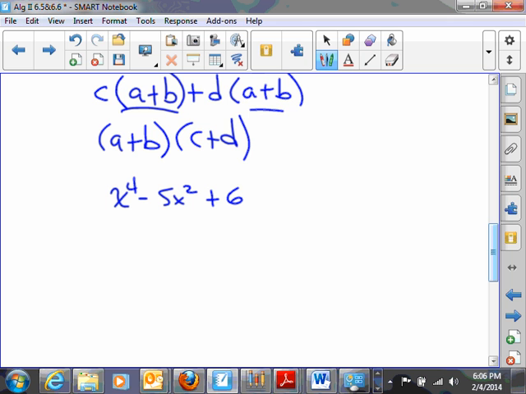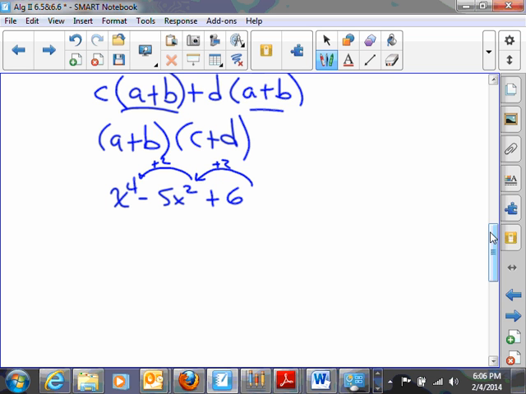But if you'll notice, the exponents on the variable are in arithmetic progression. X to the 0, x to the 2, that's plus 2, and then x to the 4, that's plus another 2 for the exponent. So when you go from an exponent of 0 in the constant term to 2 to 4, that's quadratic form.